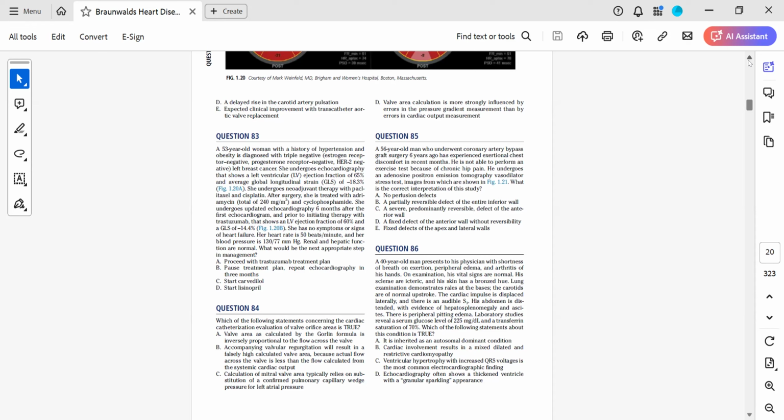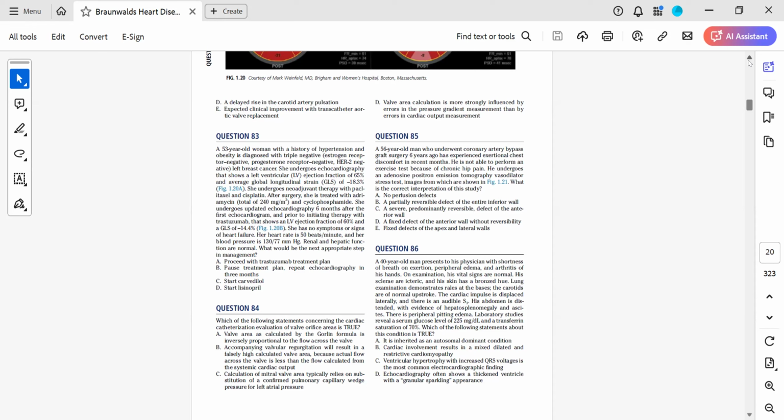Because like we all know, if there are no obstructions between the left atrium and the pulmonary arteries, we expect the pressure in the pulmonary artery, the pulmonary capillaries and the left atrium to be the same. Okay, so that makes that the correct option.